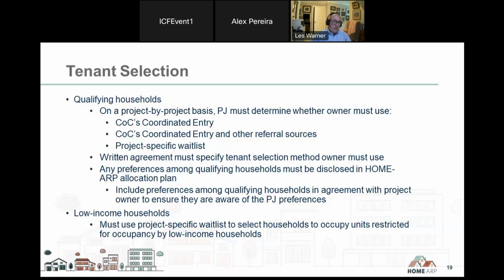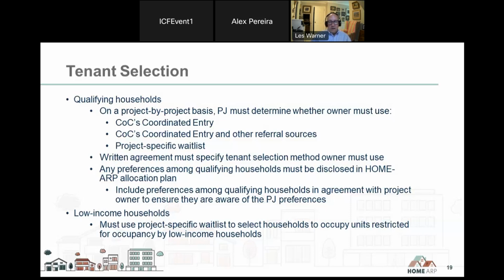Your third option is to have a project-specific wait list. So that's something as part of the funding decision that the PJ would be reviewing and determining what that process would be. That would then be included in that written agreement. So designated is the tenant selection process that's going to be followed over the life of that project.